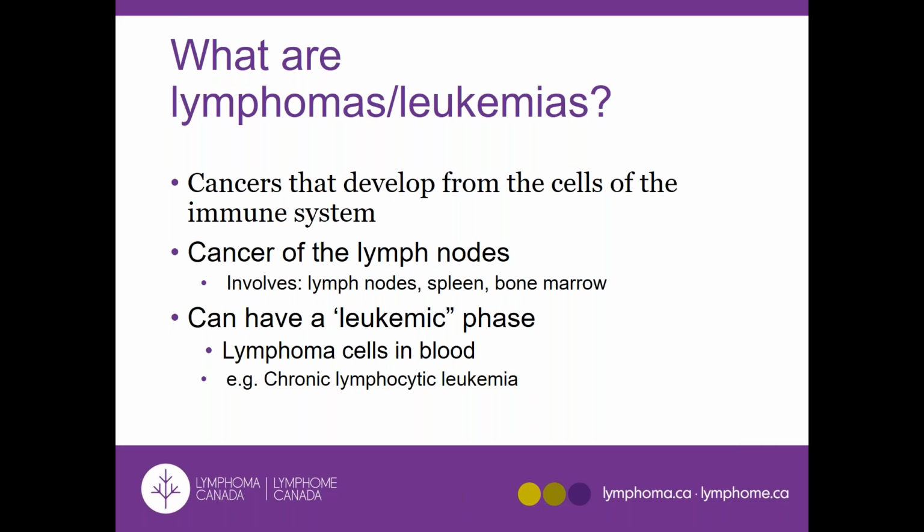So although when we hear the word leukemia, it's usually associated with a much more aggressive subtype involving other parts of the blood system, if there are lymphoma cells in the blood, the subtype might still be defined as a leukemia, and an example would be chronic lymphocytic leukemia, which is actually more lymphoma-like.